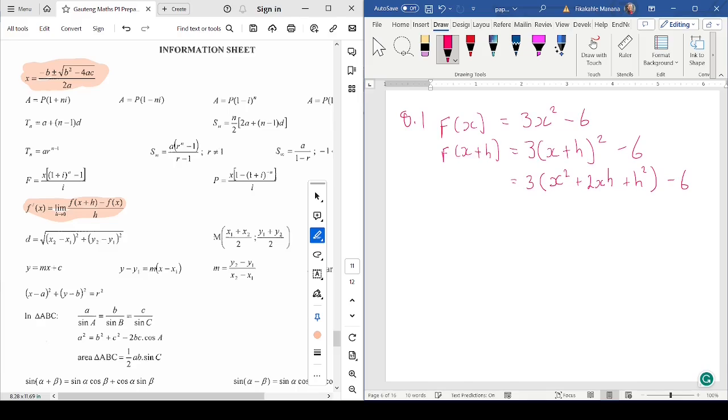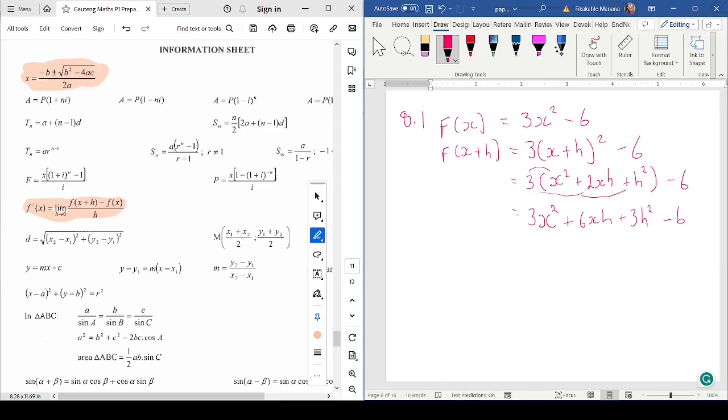Now what I want to do is multiply the 3 in like that, so that's going to give me 3x squared, plus 3 times 2, that's 6xh, and the last one will be plus 3h squared minus 6. Okay, so that completes this part of it.